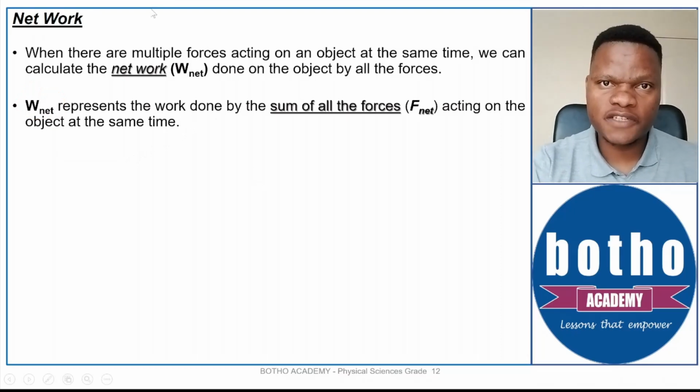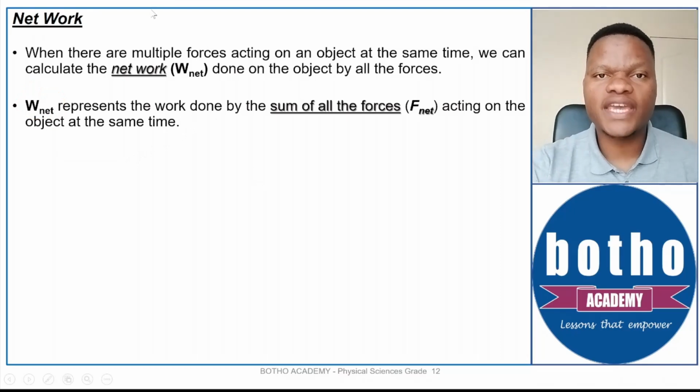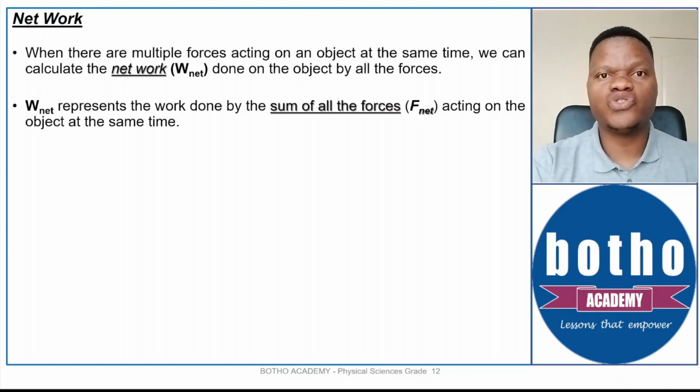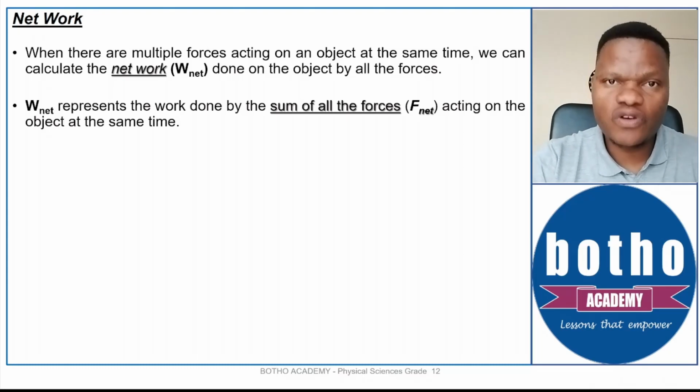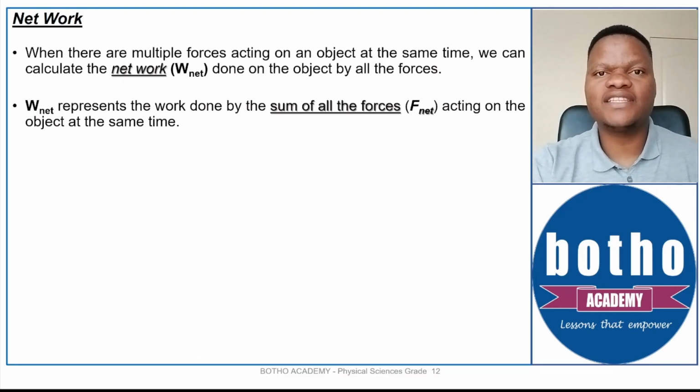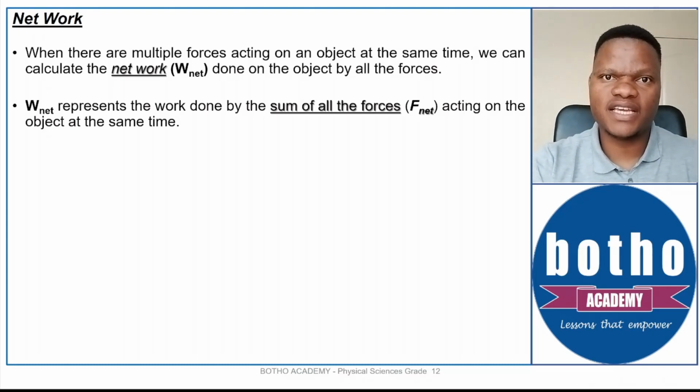So if an object is experiencing more than one force, we can calculate W net, because each and every force will be doing work on the object. But remember, not every force will do work on the object. Sometimes you'll find that the force is doing zero work, and that usually happens when the angle between the force applied on the object and the displacement of the object is 90 degrees.